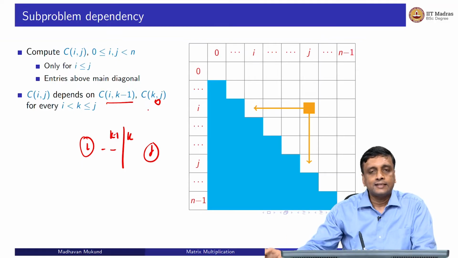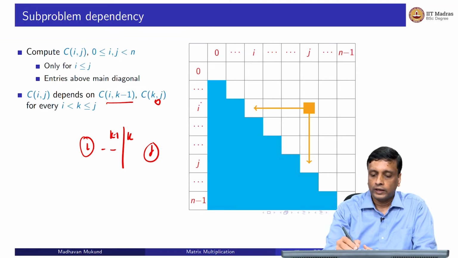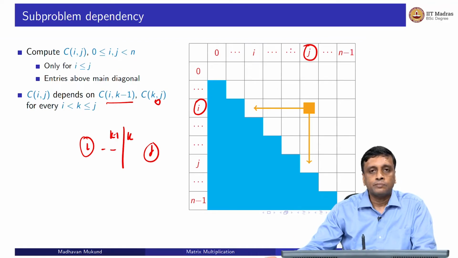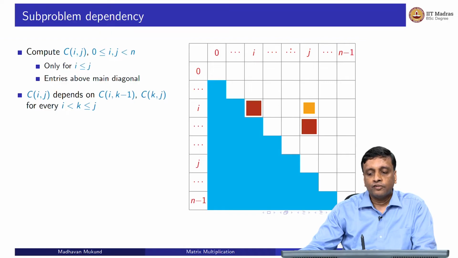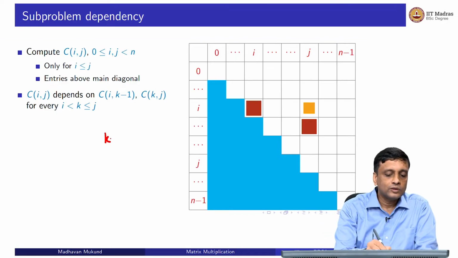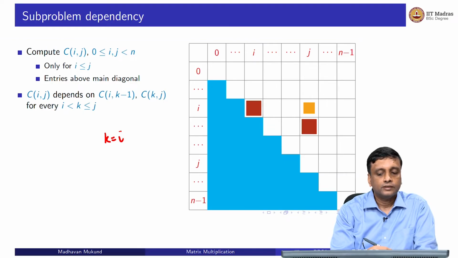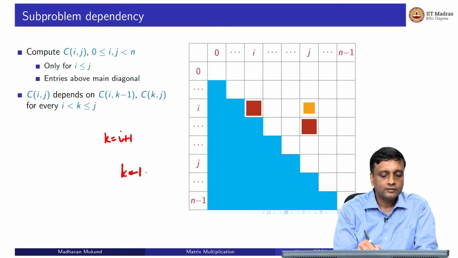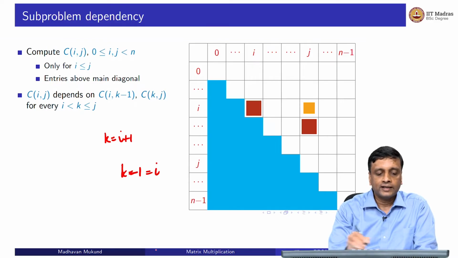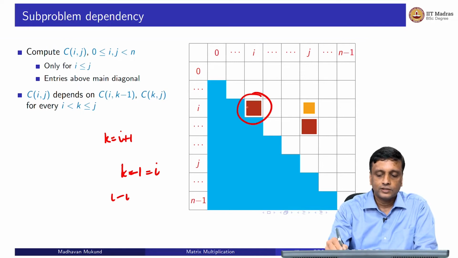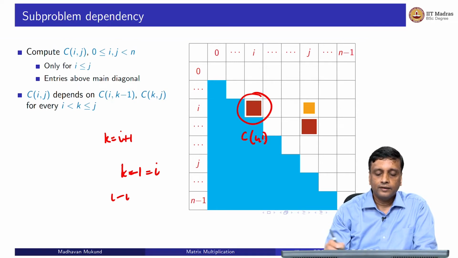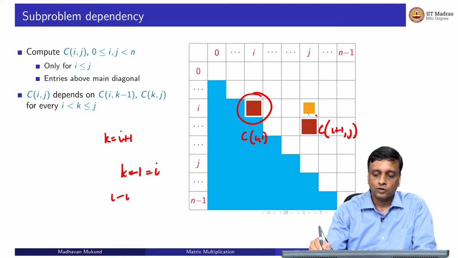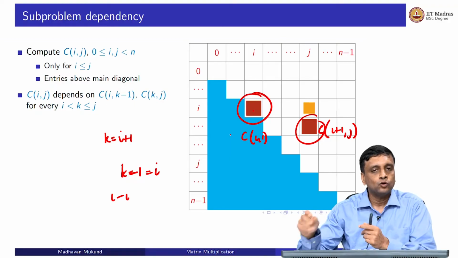So concretely, if I take this yellow square as i j, so I have i here and I have j here, then the first value is to take k equal to i plus 1, then k minus 1 is equal to i, right. So the first factor goes from i to i. So that's this one. This is the cost C i i, right. And here now this is the factor i plus 1 to j, right. So I have to look at the cost of this plus the cost of this plus the product that arises by taking those as my intermediate things.